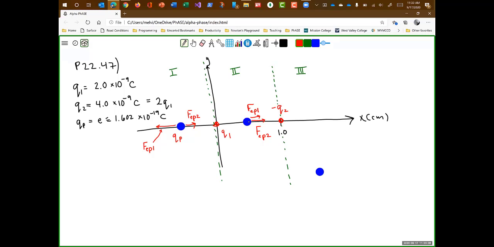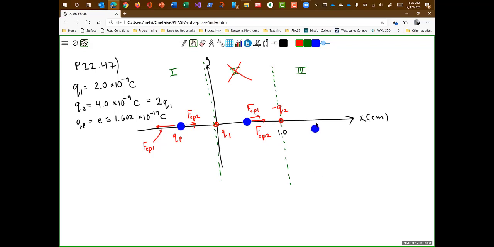It is impossible for the proton to be in equilibrium in region 2, because we need at least one of those forces to be in the direction opposite the other force. So we can rule out region 2 as being a possibility.